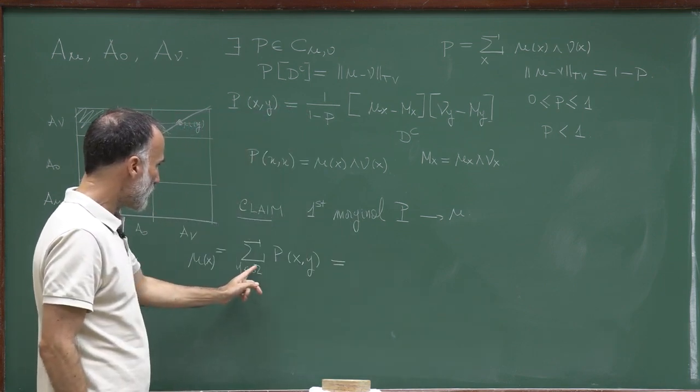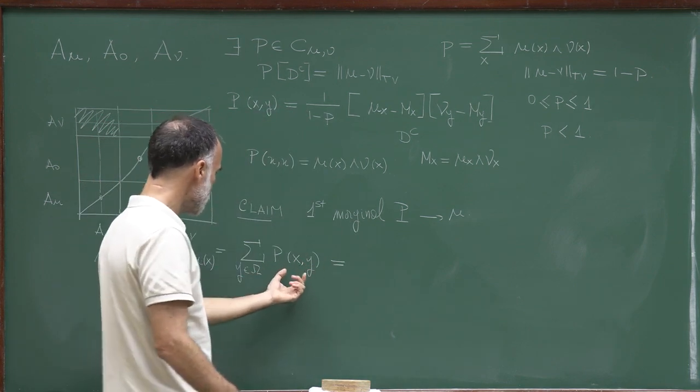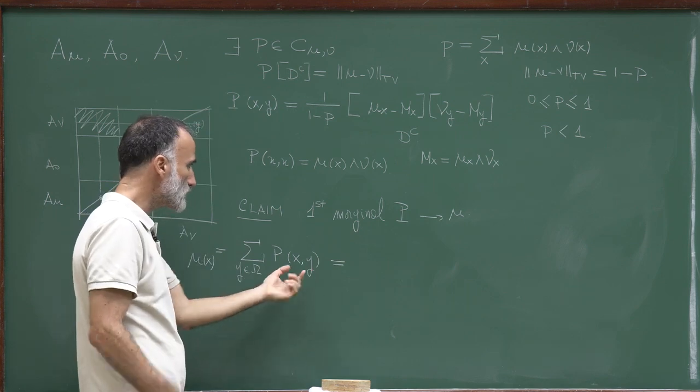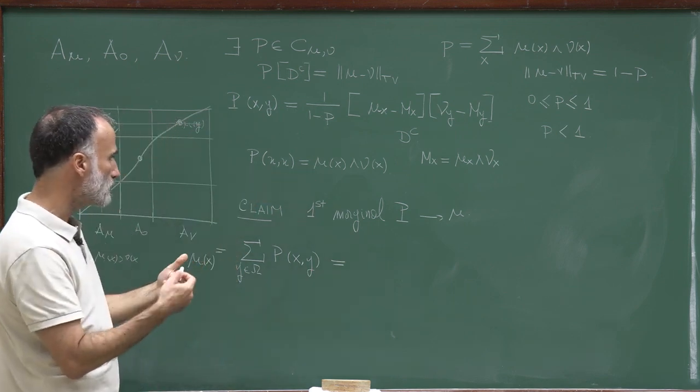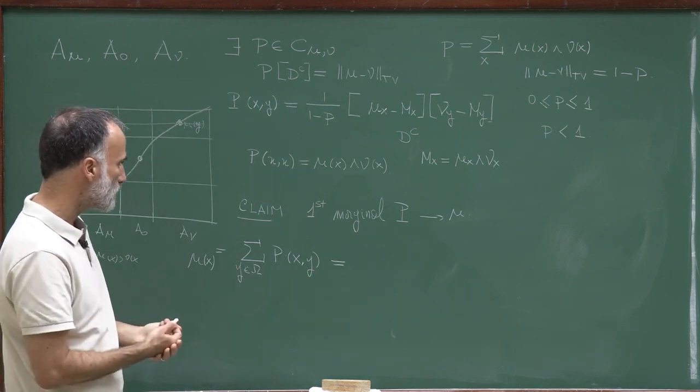Well, I have here p(x,y), so let me take y equal to x, because the definition at the diagonal is different from the definition out of the diagonal.